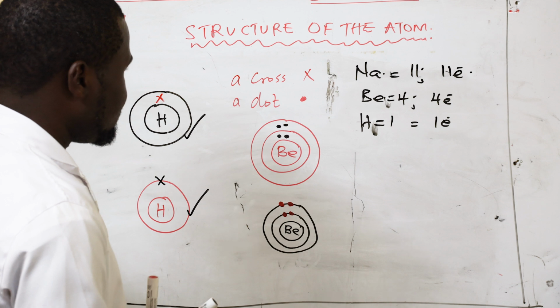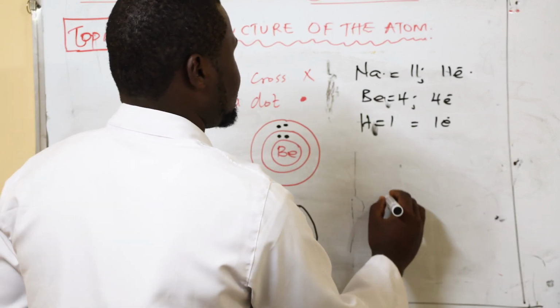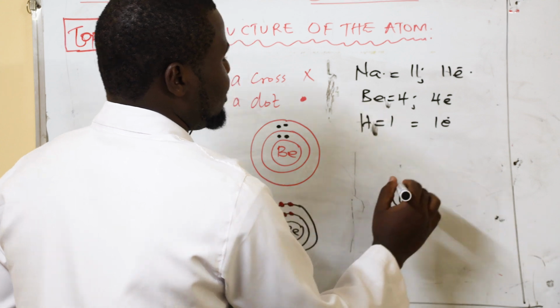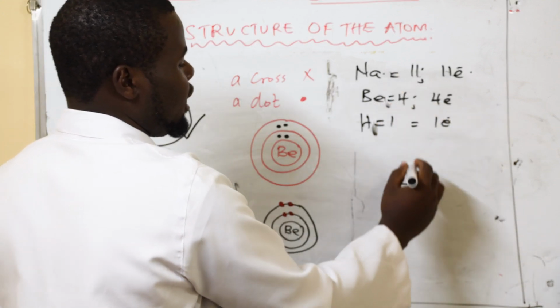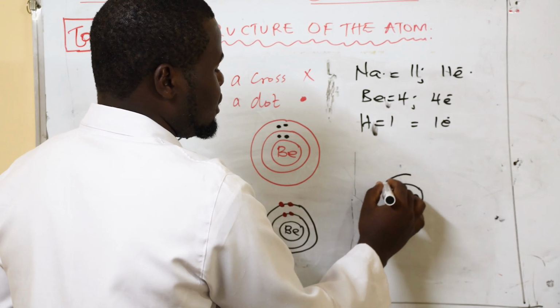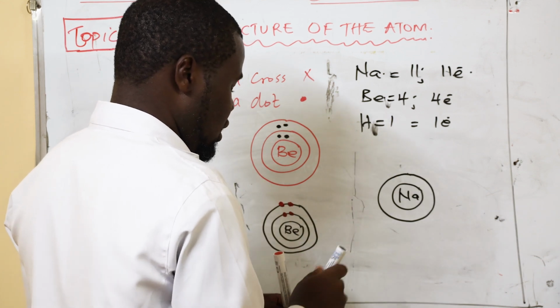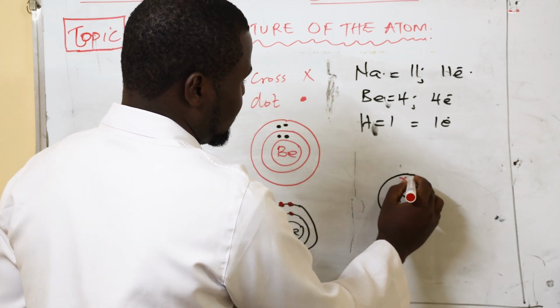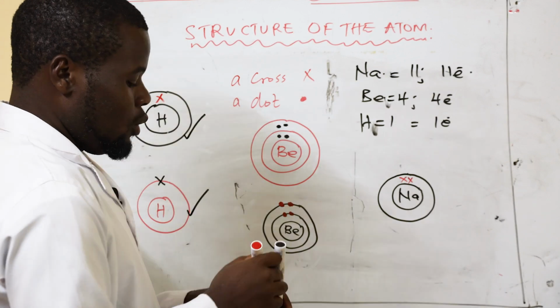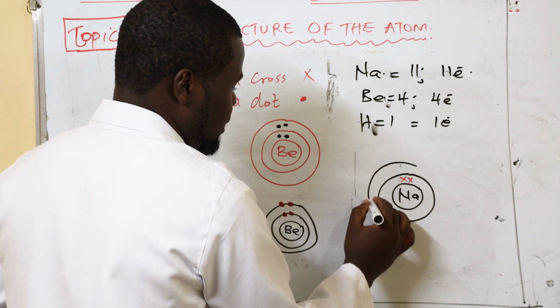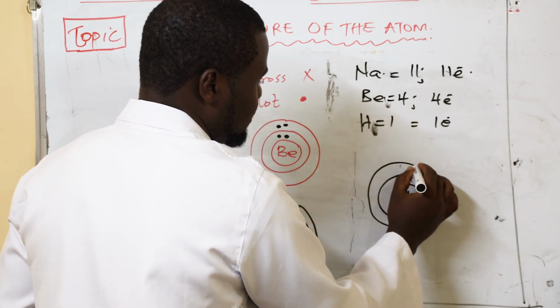After that, let's try sodium. Now, sodium has got 11 electrons. It means the first energy level will have 2 electrons. Now because we have 11, we take away 2, we remain with 9. So I'll bring the next energy level.